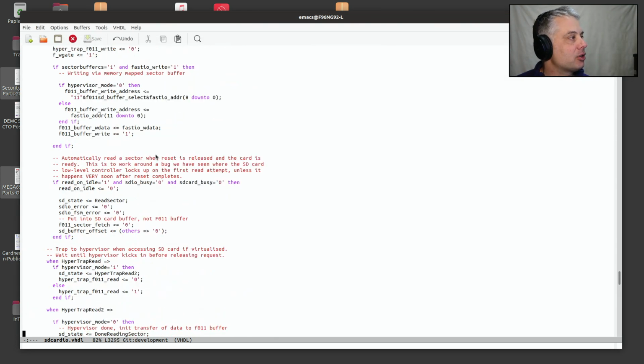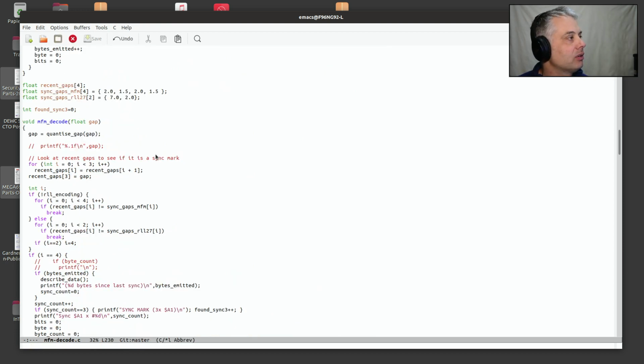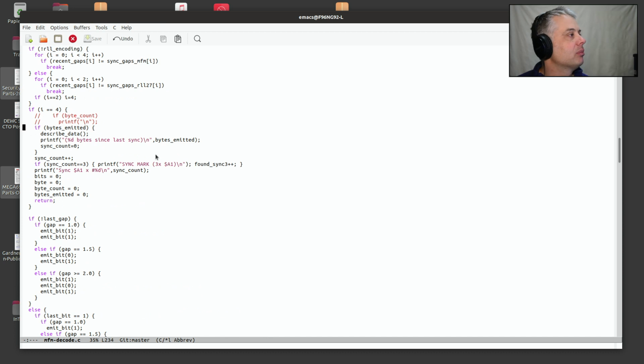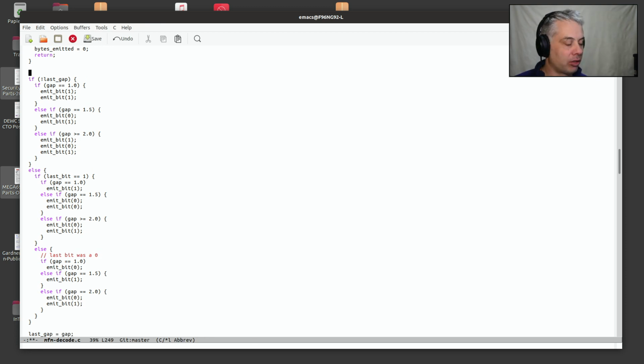Probably the next thing which we need to do is to make our RLL decoder. So there's our MFM decode, which I'm probably just going to use for both of them, because we've got, yeah, so this is the MFM decoder, so we're still decoding in MFM, right?